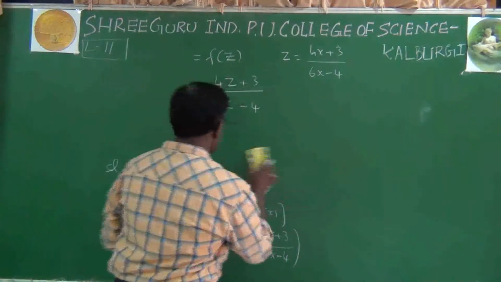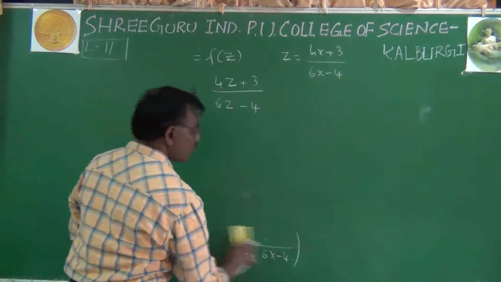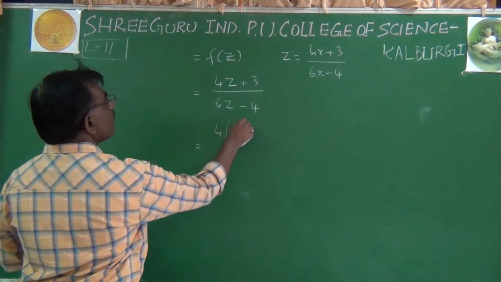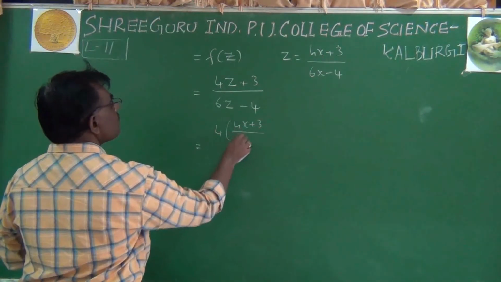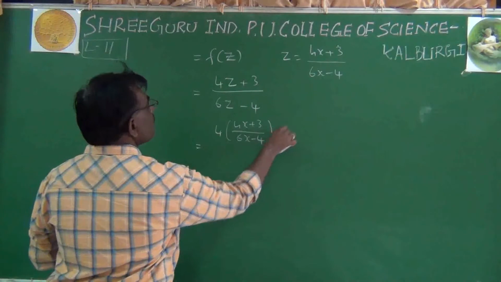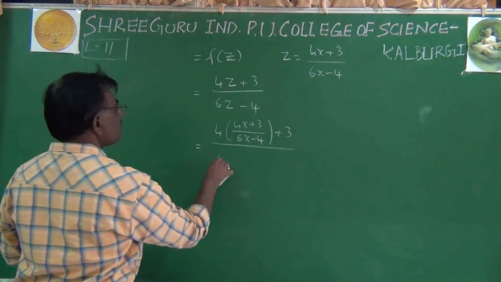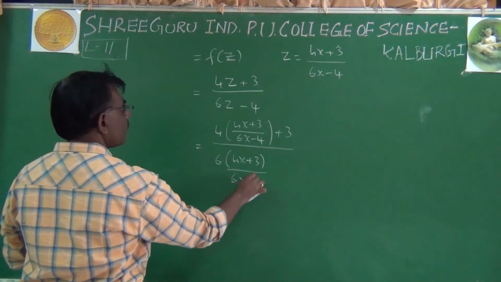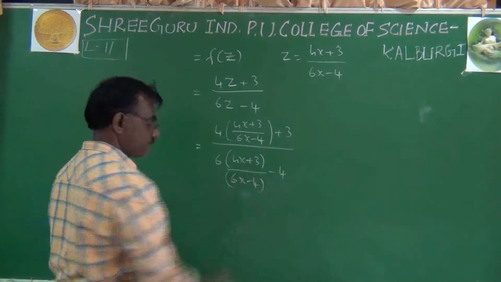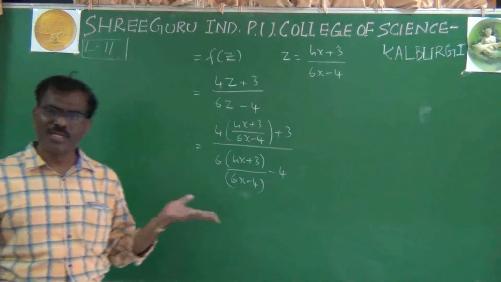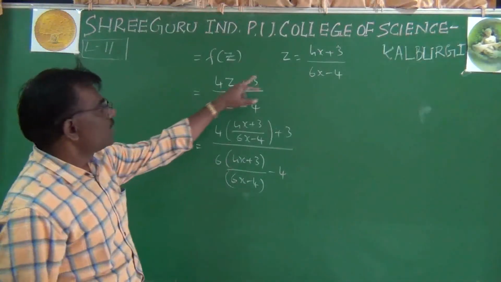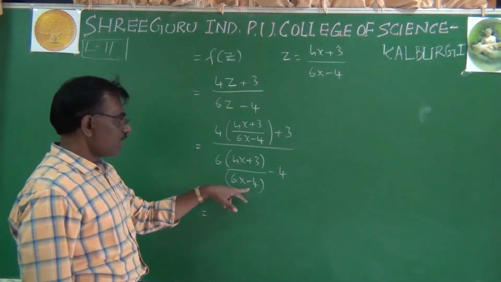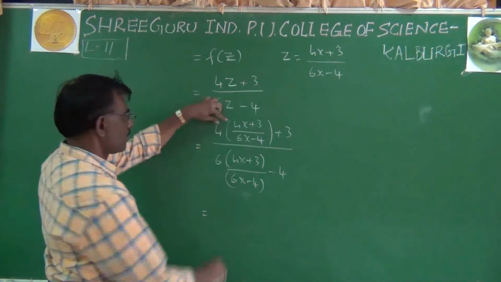Now, wherever z is there, we have to substitute 4x plus 3 by 6x minus 4. So 4 into (4x plus 3 divided by 6x minus 4) plus 3, whole divided by 6 into (4x plus 3 by 6x minus 4) minus 4. That is very simple LCM. Take LCM, the 6x minus 4 terms get cancelled.